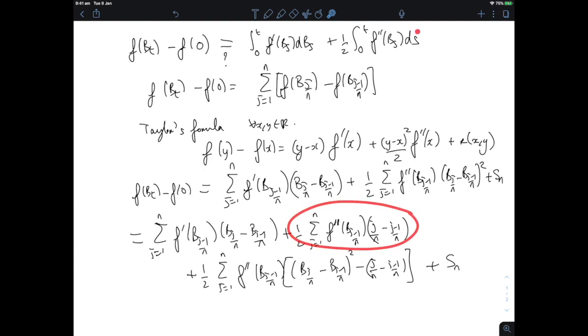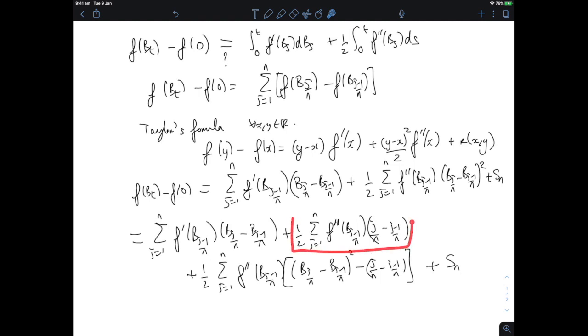This term converges to this term just by construction of the Riemann integral, and we have to show that this error term and this error term go to 0. So this is looking good. What we have here is a term that converges in probability to the integral of f prime of B_s dB_s, thanks to this result about Riemann sum approximations of the Ito integral.